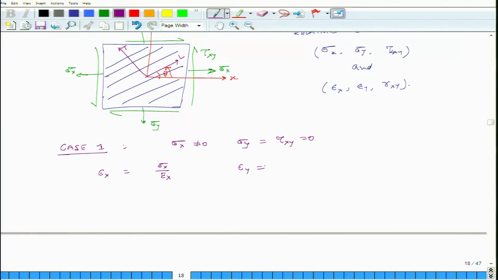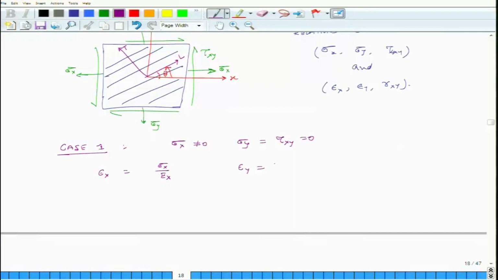Epsilon y, so when I pull it, it will also become slimmer, and so it will exhibit Poisson strain. And what is Poisson strain?